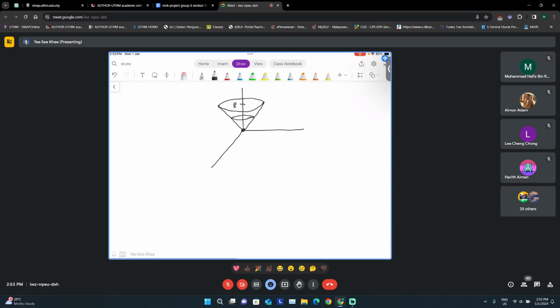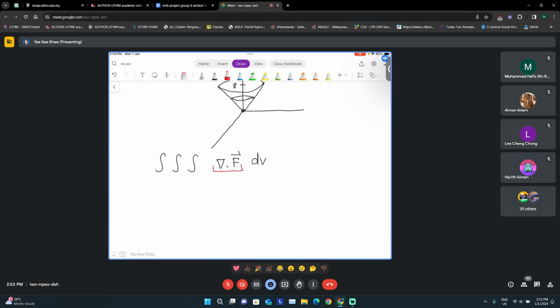So we go to the equation of the divergence theorem, which is asking us to solve this dV. The first thing is to find the divergence of this vector F. This is the divergence, the del dot product with F. What is F? F is this one.